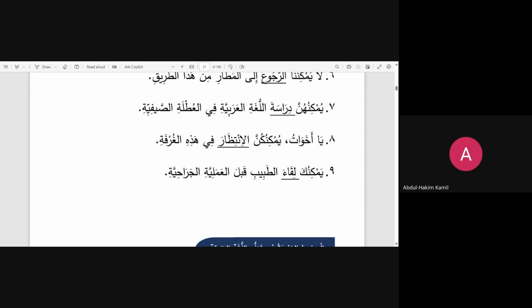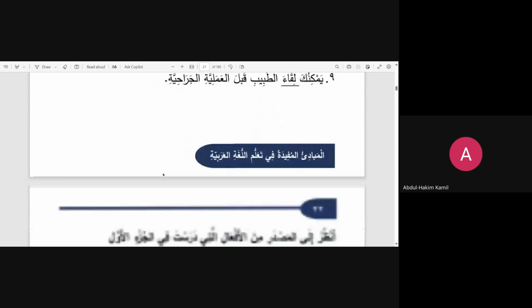And this is just a description of that surgery that they're going to actually be cutting. Right. One more time. So read the next one with the verb. يمكنك أن تلقى الطبيب قبل العملية الجراحية. No, قبل العملية الجراحية. Okay, we're going to move on.